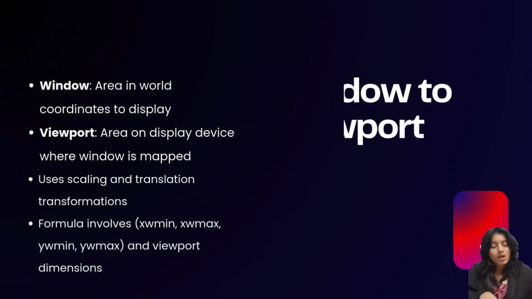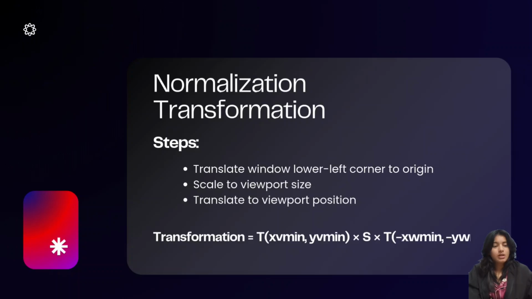Okay. Normalization transformation includes some steps in which we translate window from lower left corner to origin, then scale to viewport size and translate to viewport position, in which it involves negative because we are coming back to its original position after scaling it.